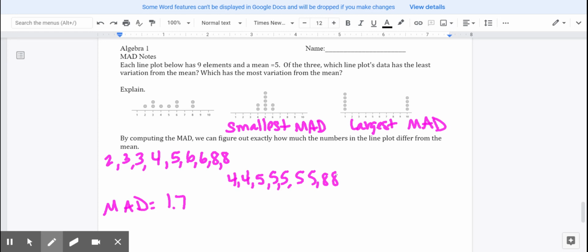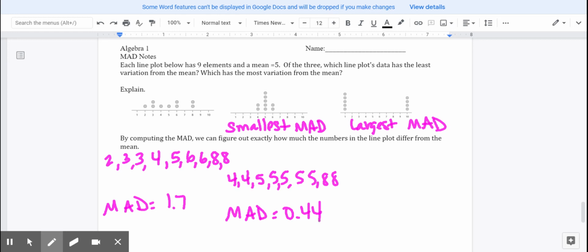So really all you have to do is go in and subtract each of these numbers by 5. So pause the video, find the mean absolute deviation for data set number 2. And you should have gotten that your mean absolute deviation was 0.44.